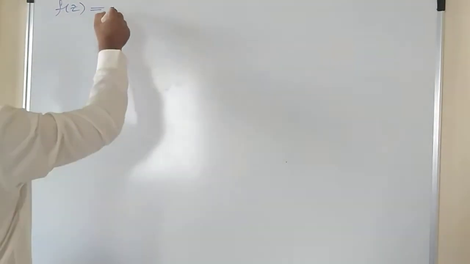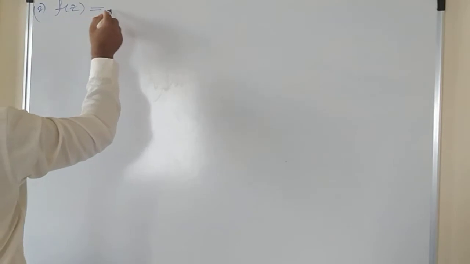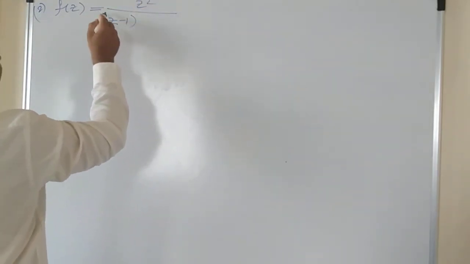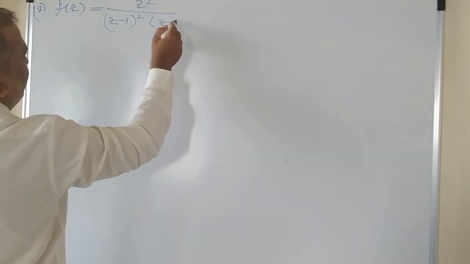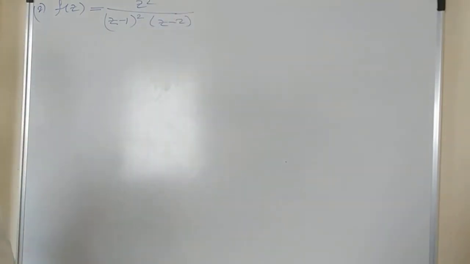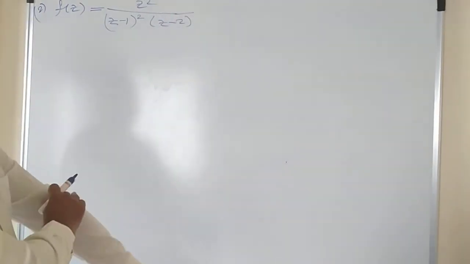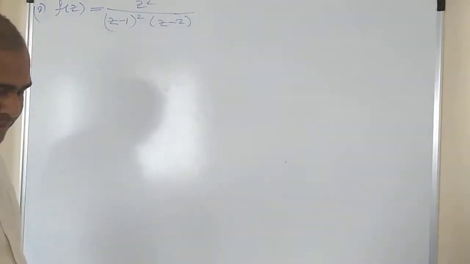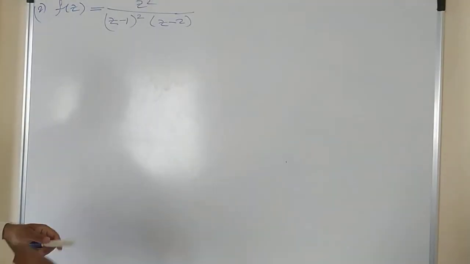Second problem, f of z is equal to z square upon z minus 1 bracket square into z minus 2. Denominator is the same as in the earlier case, but the numerator has changed now, and if the numerator changes, your residue of course changes.